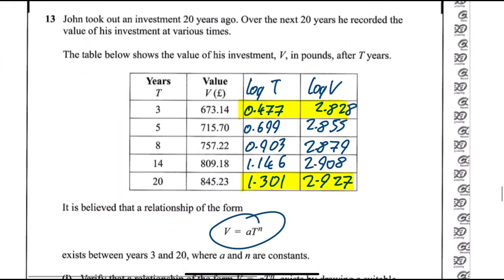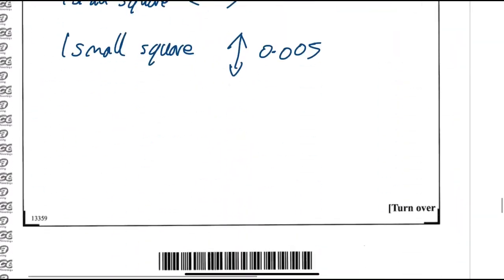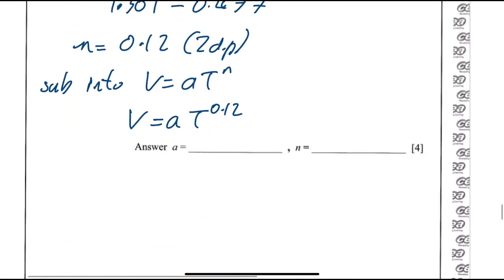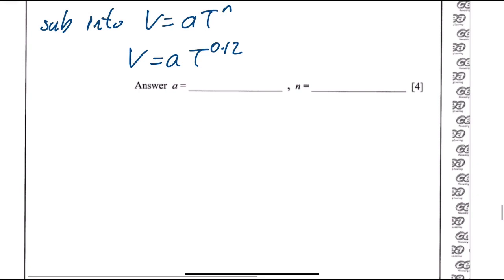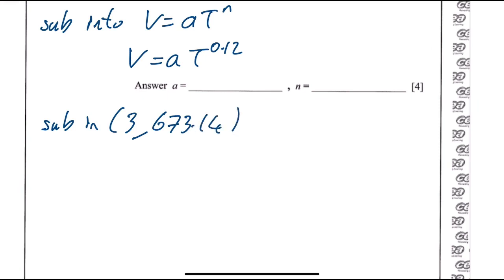I've got my T value was 3, and my corresponding V value was 673.14. So that means 673.14 is equal to a times 3 to the power of 0.12.